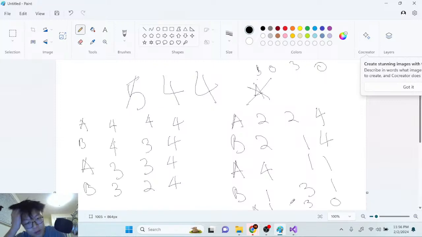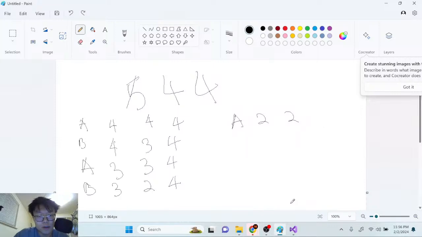Huh. So how would Alice win here? All right, let's say Alice decreases and tries to get them all equal. 3, 3, 3, 4.